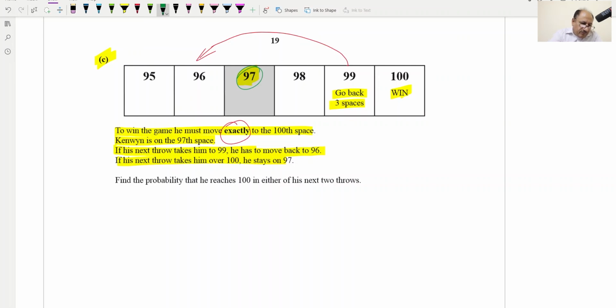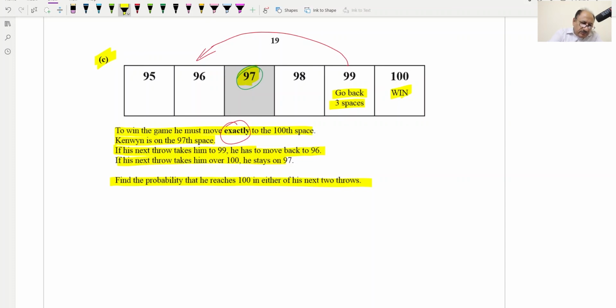So what we have to do, we have to find the probability that he reaches 100 in either of his next 2 throws. So 2 throws we can take. So one throw will be like he can take from 97 to 100.